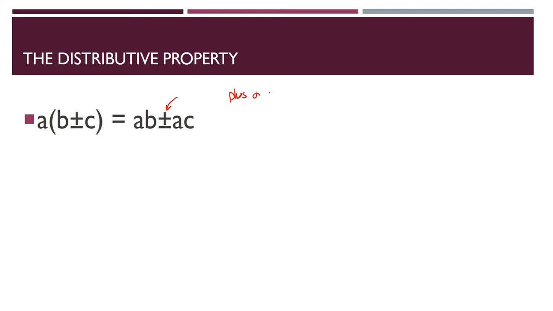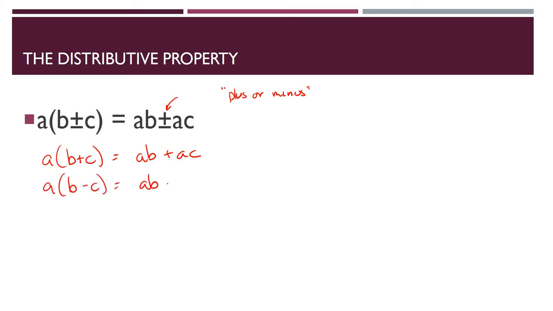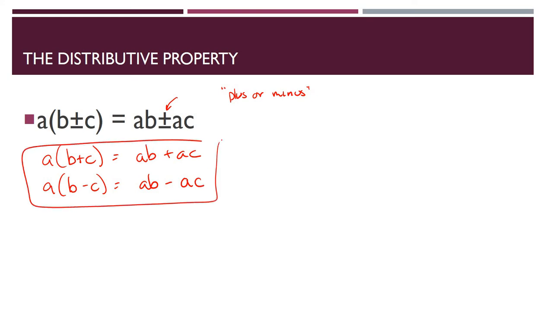All it means is that it's a shortcut way of saying if we have A times (B plus C) equals AB plus AC, or A times (B minus C) equals AB minus AC. So plus or minus, either one works. That's writing it out the normal way. That's using this little shortcut notation. So these are the properties we're going to be working with.